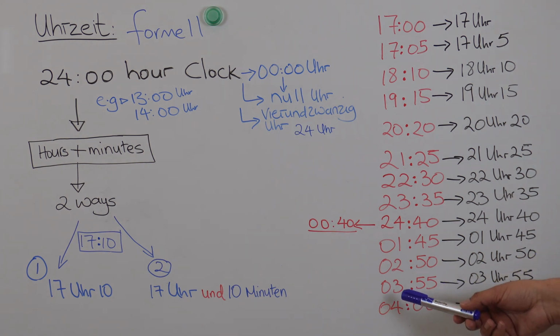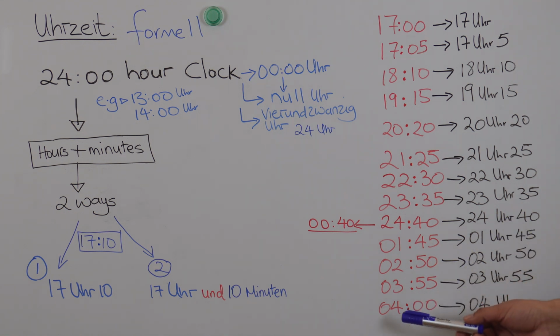The next one in the morning, 3 Uhr 55. That means 3 hours and 55 minutes in the morning. The next one, 4 Uhr. That means 4 o'clock in the morning.